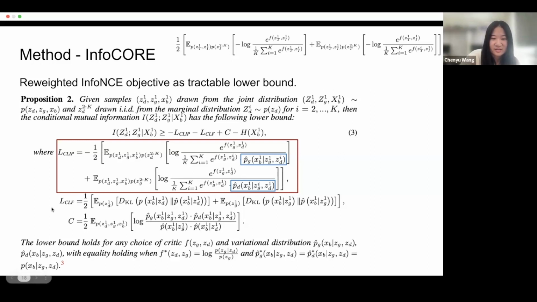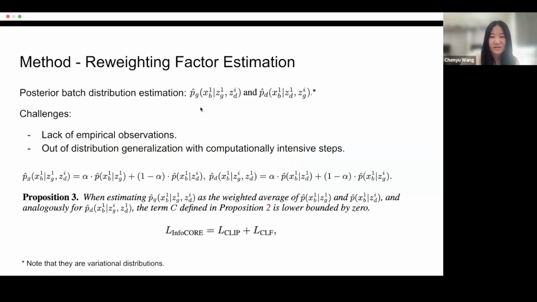And the second term is a simple classification loss to train the posterior batch distribution. And the last term will be bounded by some constant. So these two reweighting factors are quite important in our lower bound.